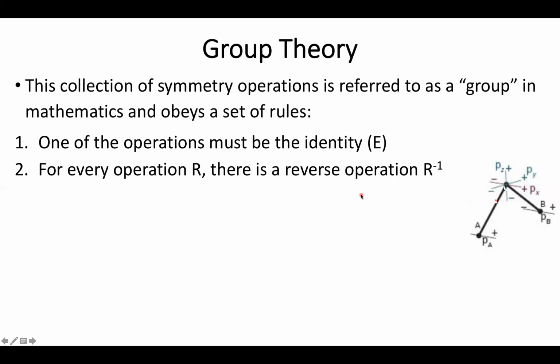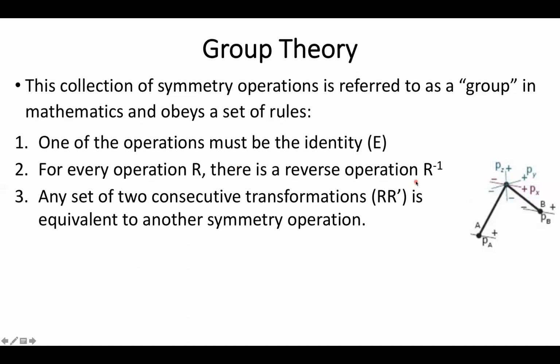Another way to try and mathematically describe operations and their reverse ones is that if I follow my operation by the reverse operation, I should get back to the identity. I should get back to where I started. Now, one of the next important ideas is, again, how I can combine two operations together.